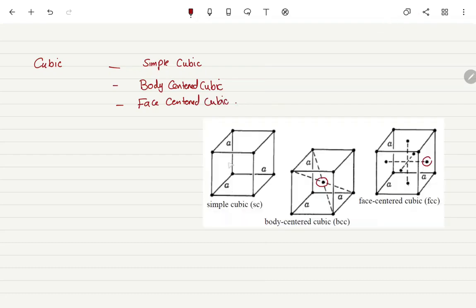Now this is a simple cubic crystal, as we can see here. A1 is equal to A2, which is equal to A3. It's a cubic, by the way, and the angles alpha, beta, gamma are equal to 90 degrees.